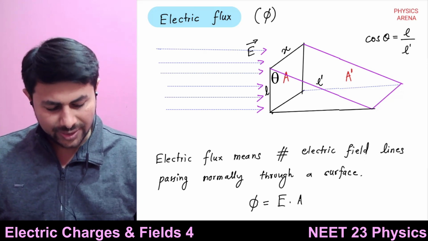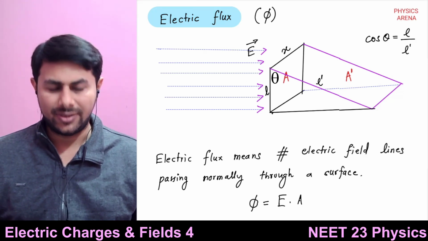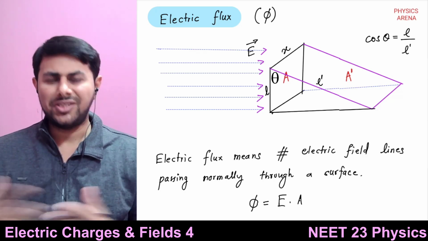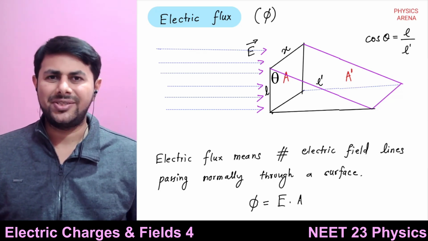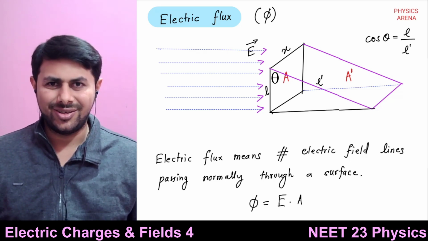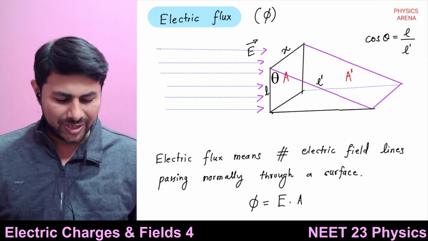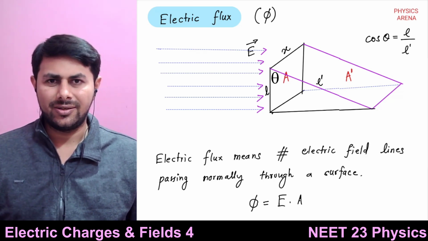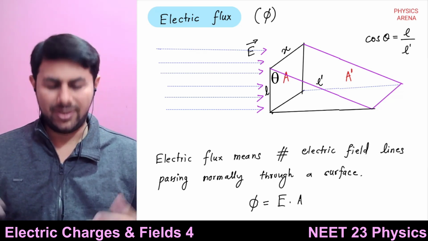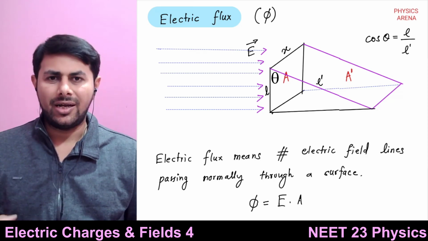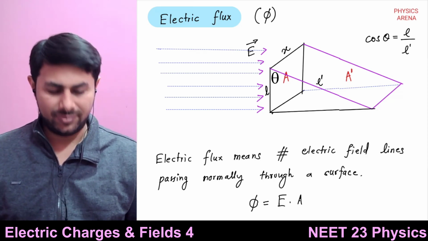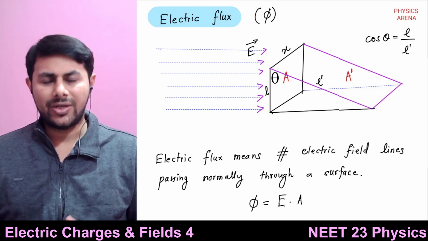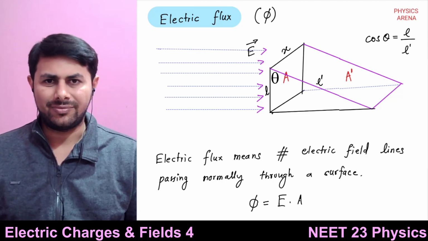And now what is the significance of this angle theta? See, in our day-to-day language, area is a scalar quantity. But in physics, when we see applications of electric field or some similar examples, we have to consider area as a vector quantity.